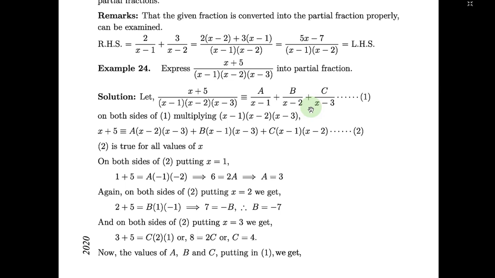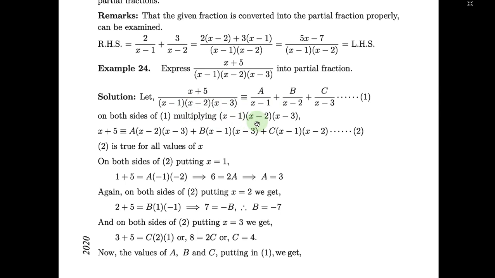So we will write like this: a by x minus 1, b by x minus 2, and c by x minus 3. On both sides of this equation we will multiply what? We will multiply the LCM of the denominator, and that is x minus 1, x minus 2, x minus 3.